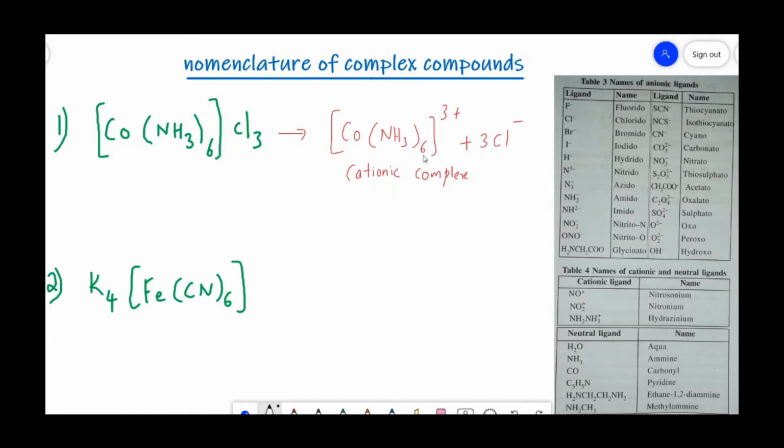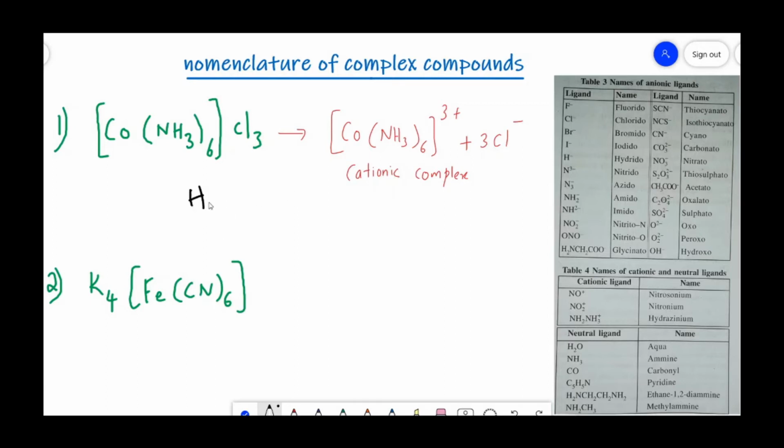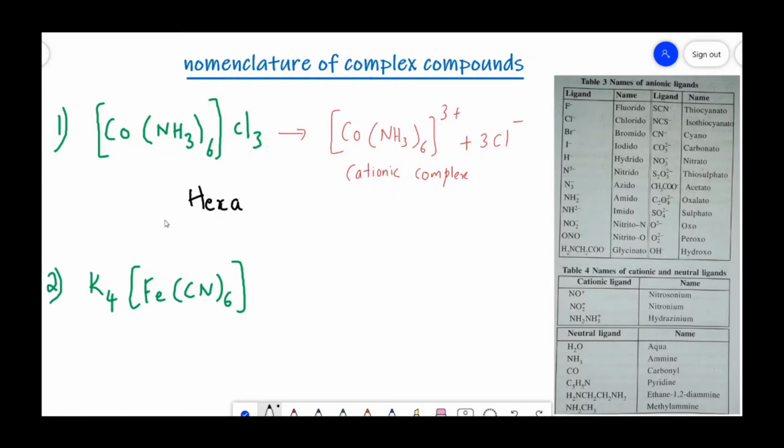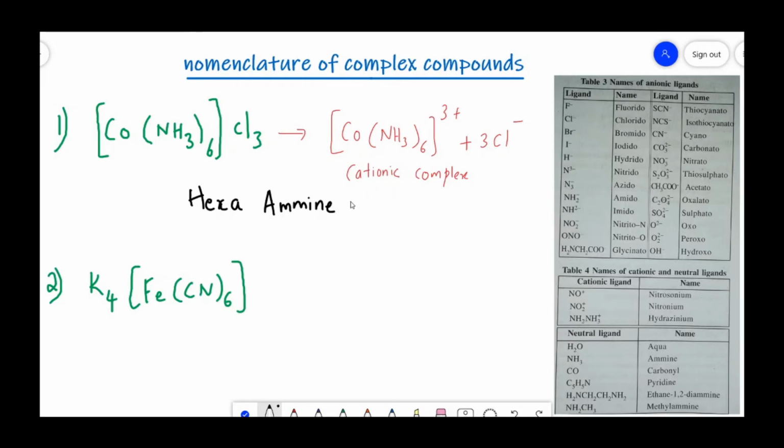Here there is only one kind of ligand, so you can directly write it. There are 6 ligands, so we write hexa. This NH3 is generally called amine, so this is hexaammine.